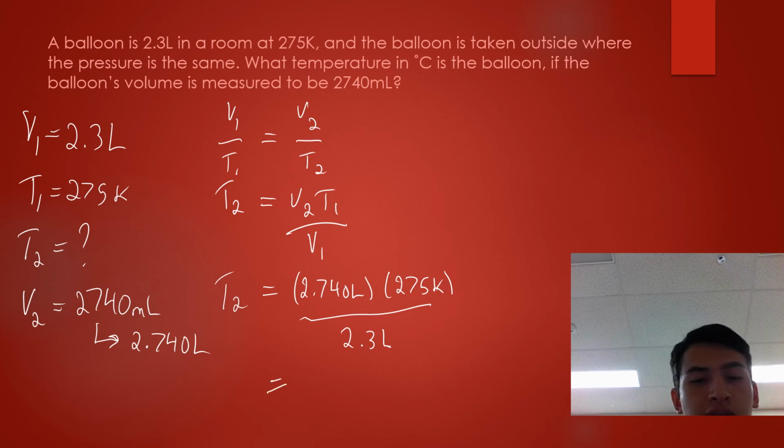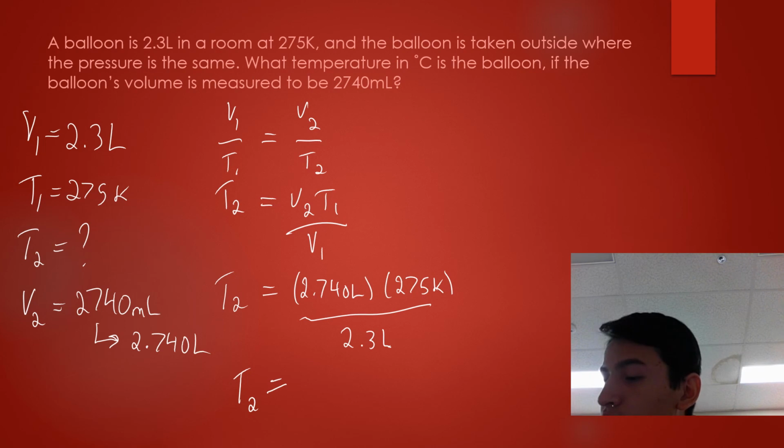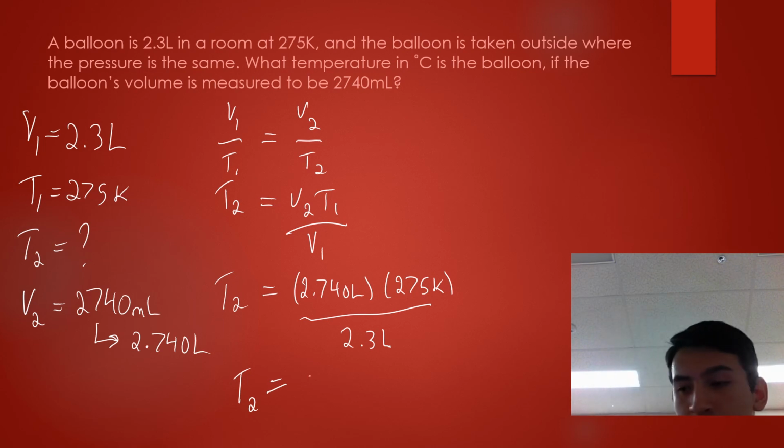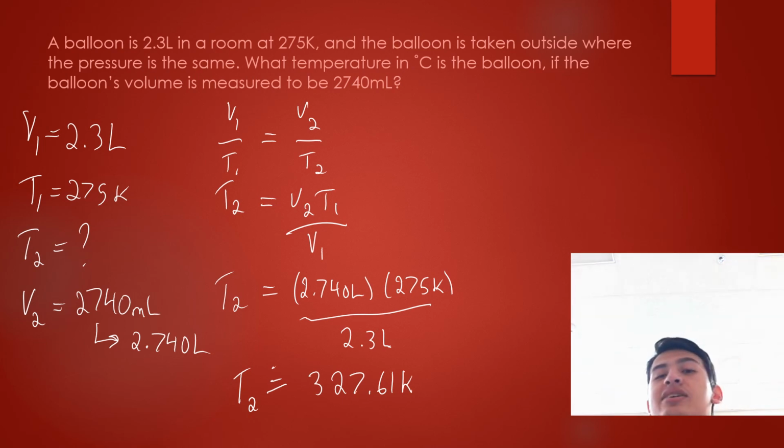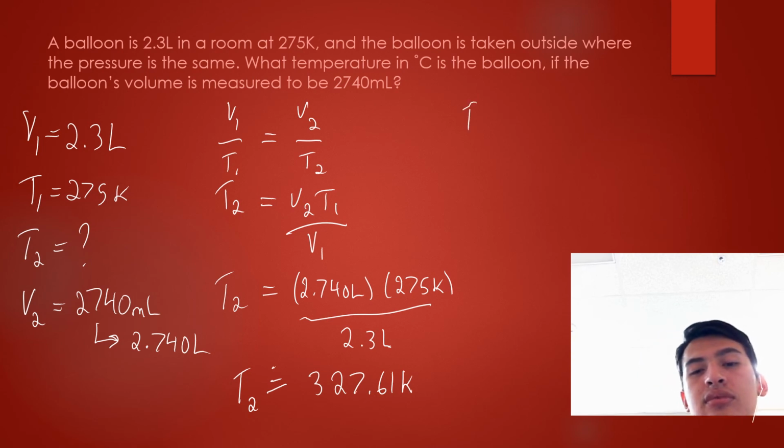Okay, now I plug all that into my calculator, and I get a value of around 327.61 Kelvin. Now, I'm not done yet, as the question asked me the temperature of the balloon in degrees Celsius. That means I'm going to have to make a conversion.